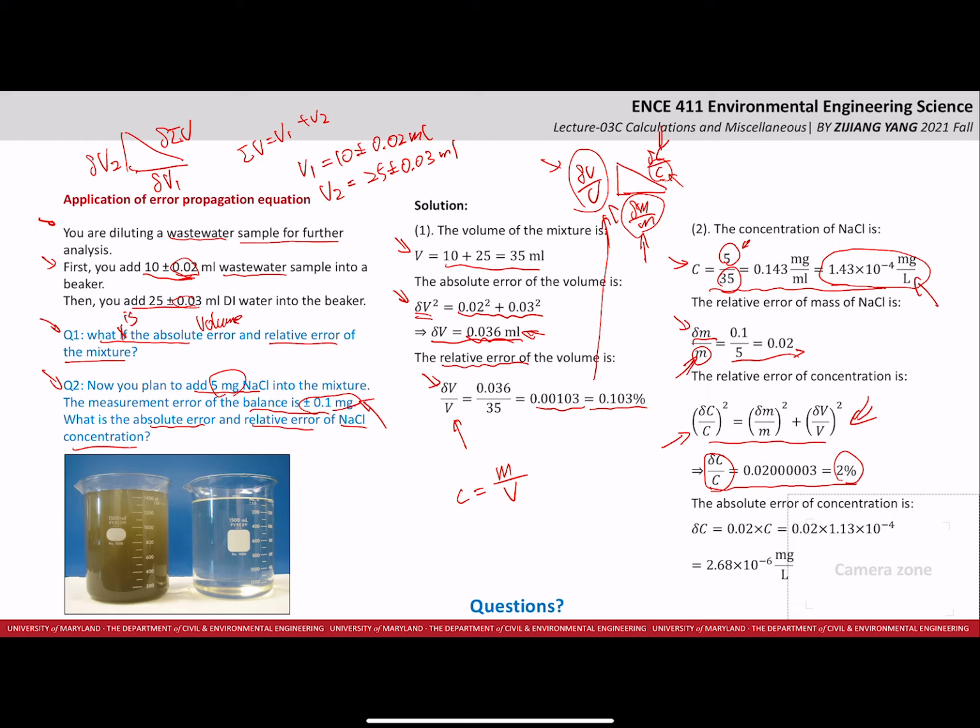Then the result is almost equal to the one that has a greater error. So basically, the one that has smaller error could be ignored.